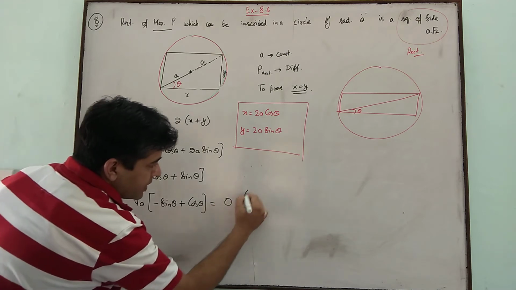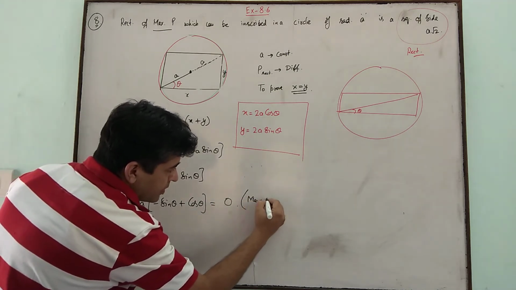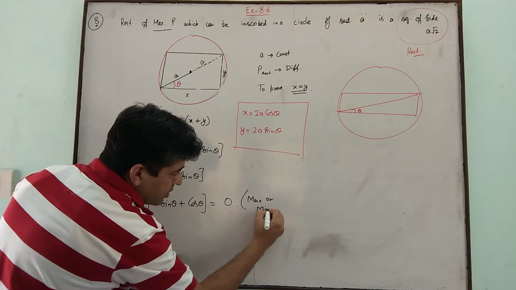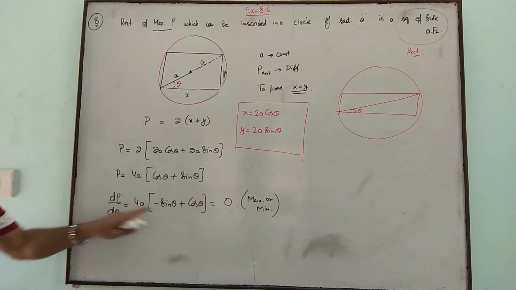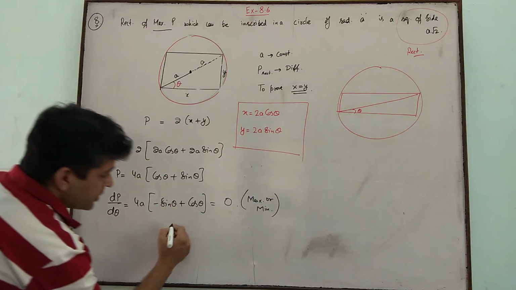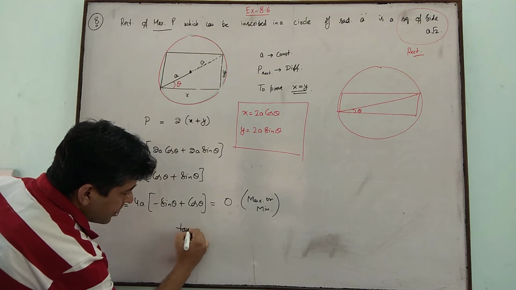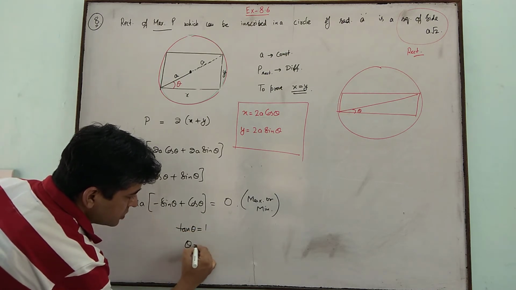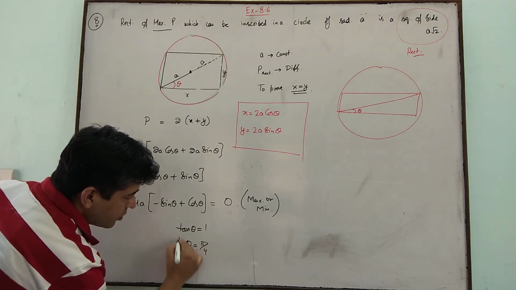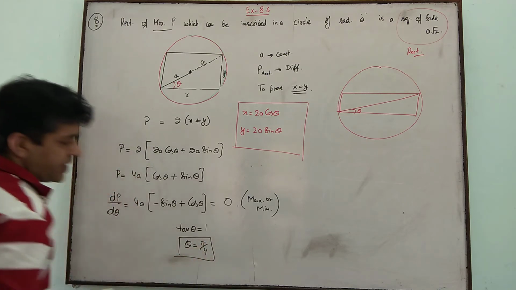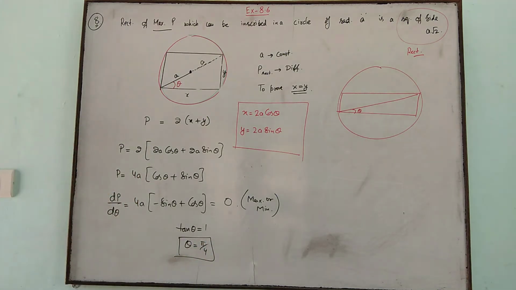For maximum or minimum, this will be equal to 0. We get tan theta is equal to 1, so theta is equal to pi by 4.